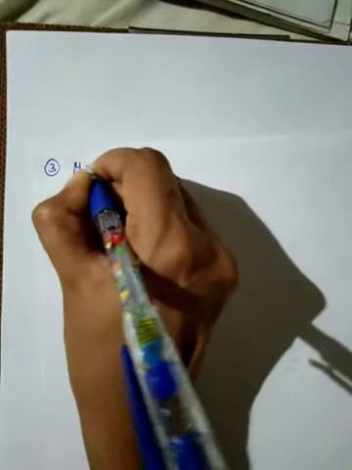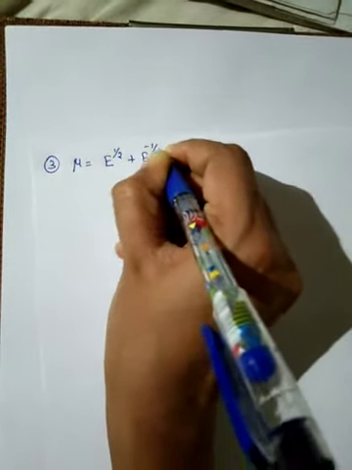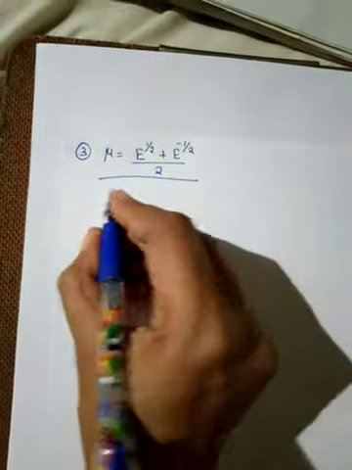Then next we have to prove the third one, μ equal to e raised to 1 by 2 plus e raised to minus 1 by 2, divided by 2. Before proving this result, we need to define the mean operator or averaging operator μ.